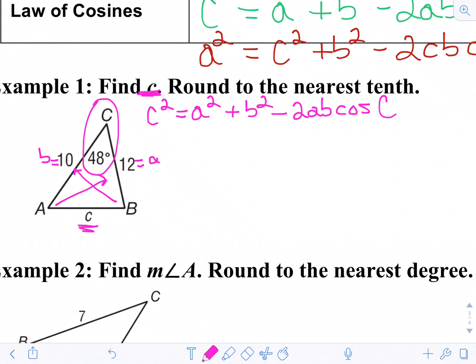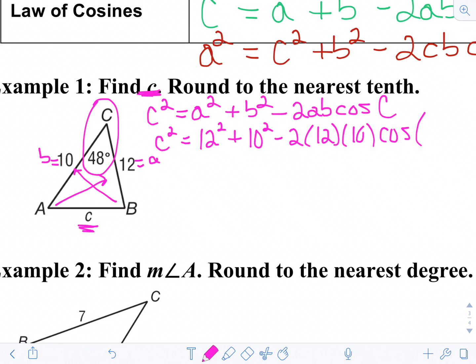So we're going to plug in everything I just said. C squared is equal to, A was 12, so 12 squared, plus B is 10, so 10 squared, minus 2 times 12 times 10, and then cosine of angle C. Angle C is 48 degrees.